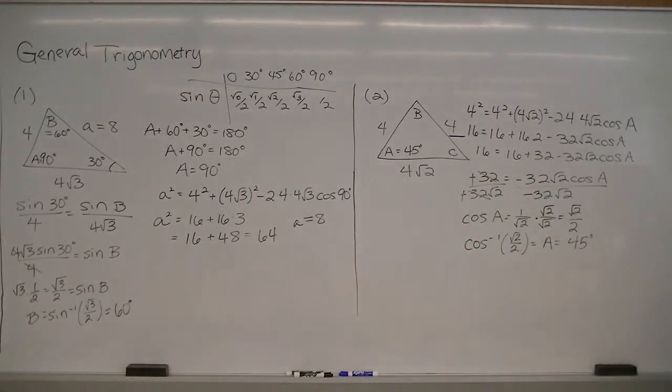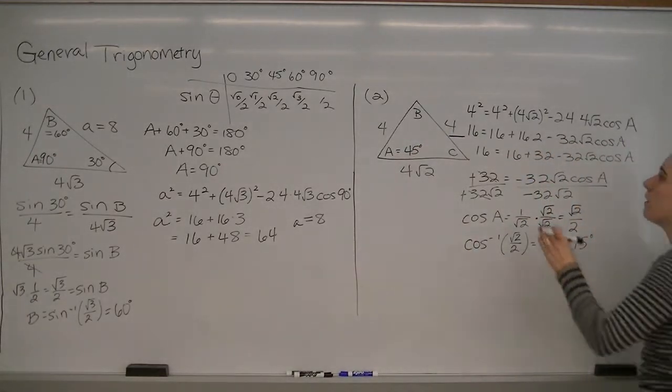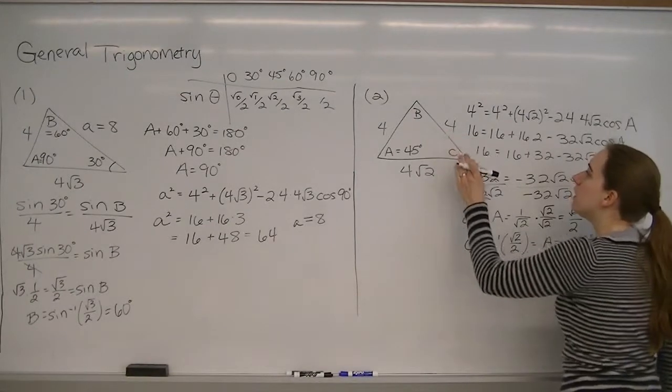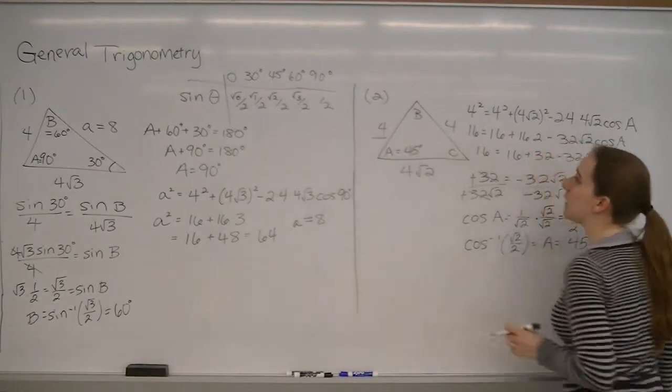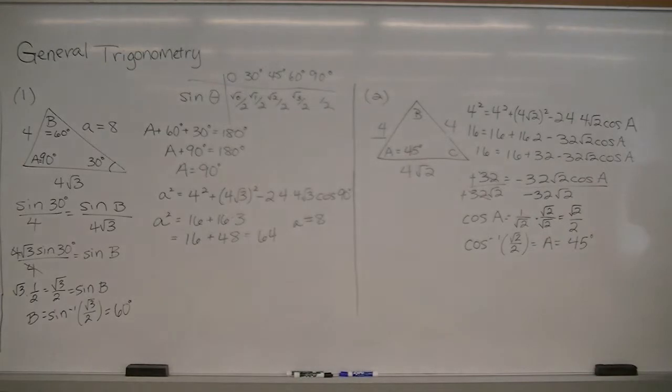So now I'm going to have to repeat this process. I'm done with this side. So I want to move over to this side. But before I go through and rewrite it all again, let's just think for a second.